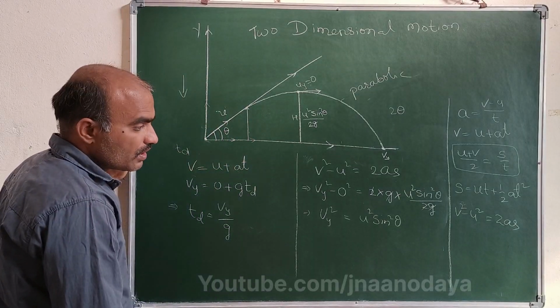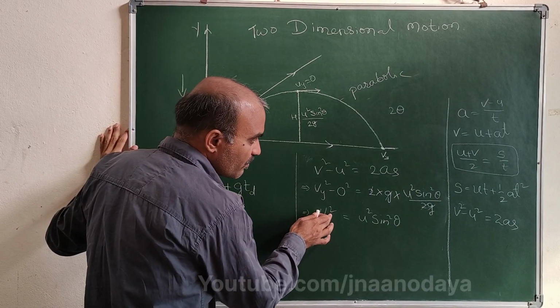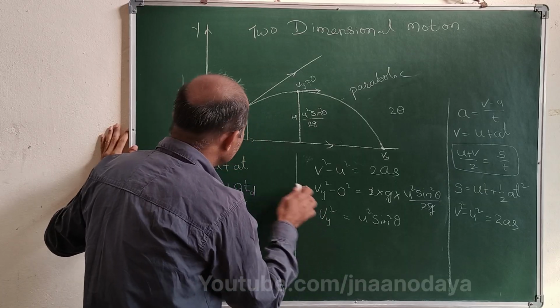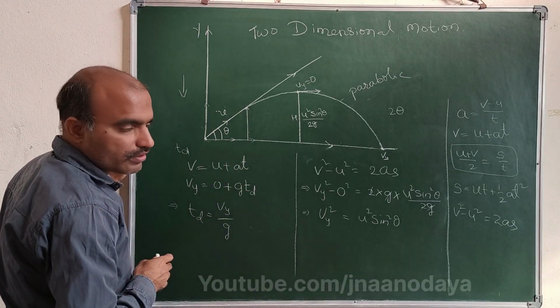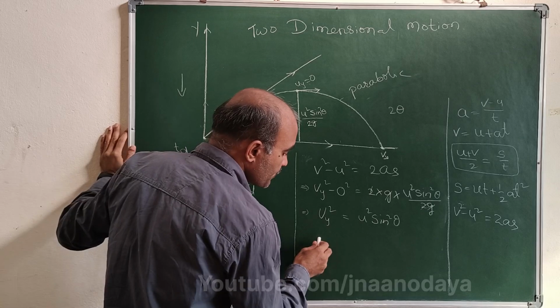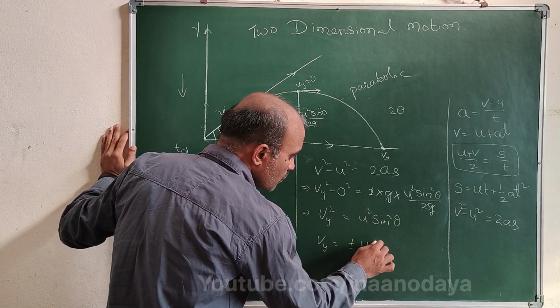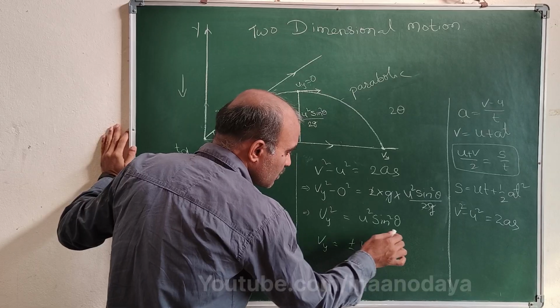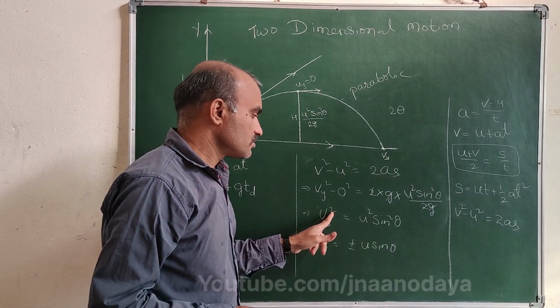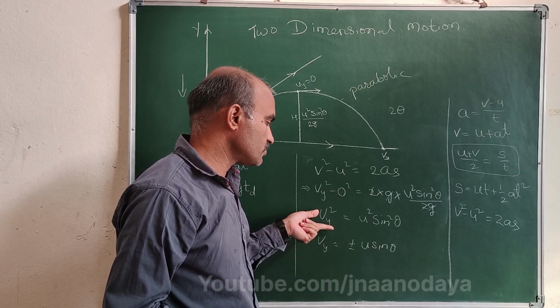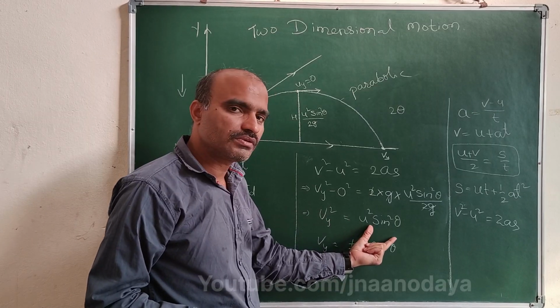So the magnitude of the vertical component of velocity when reaching the ground is the same as its velocity at the time of projection, right? Magnitude only, not direction. So you can take vy is equal to plus or minus u sin theta. When you take the square root here, you take plus or minus. As vy square is positive, this is also positive only.